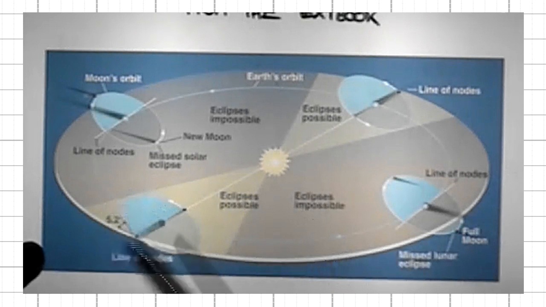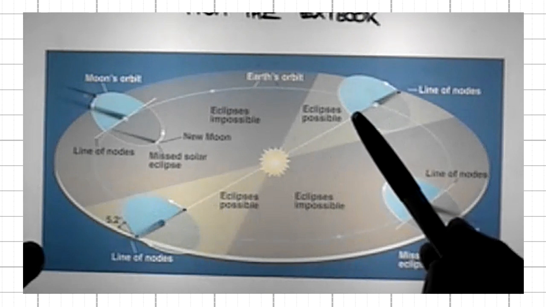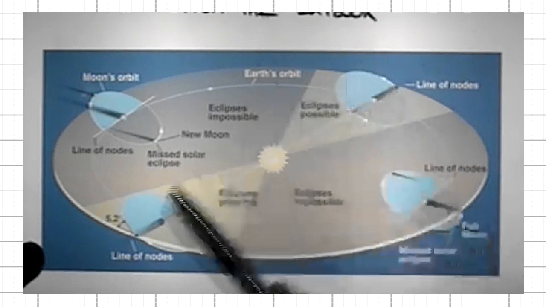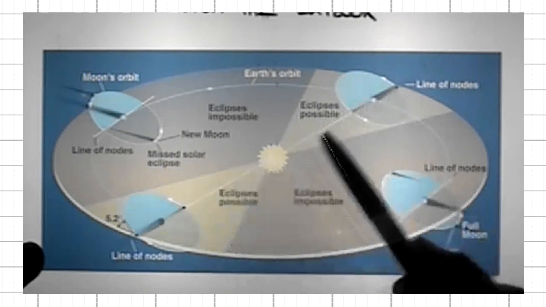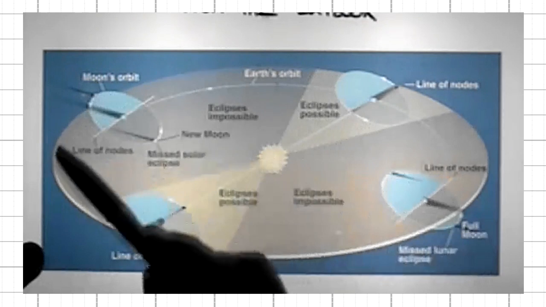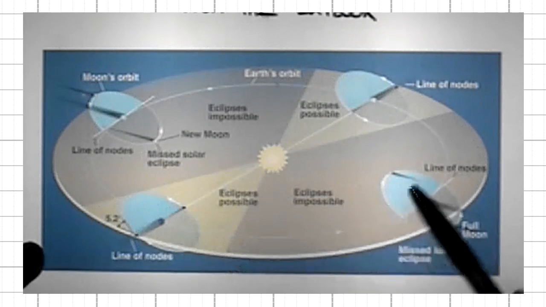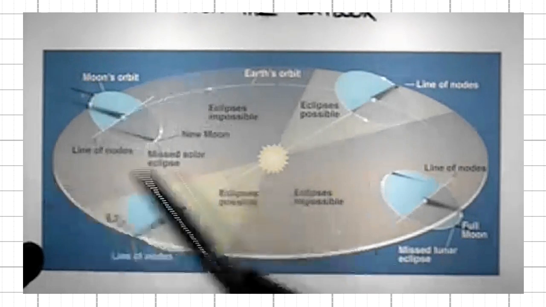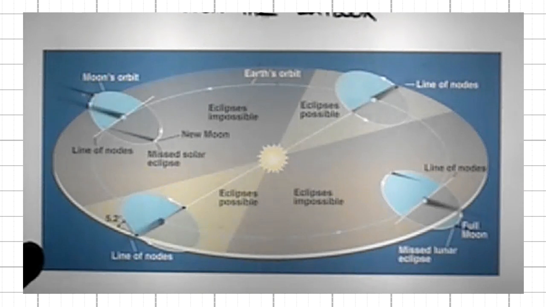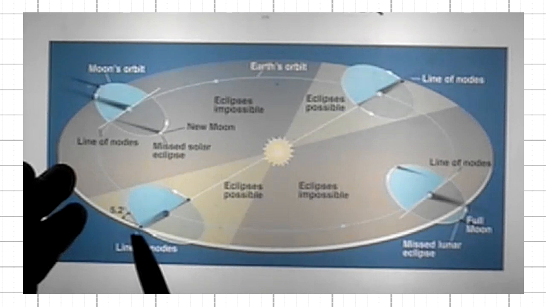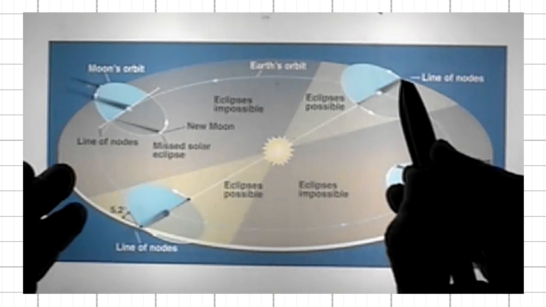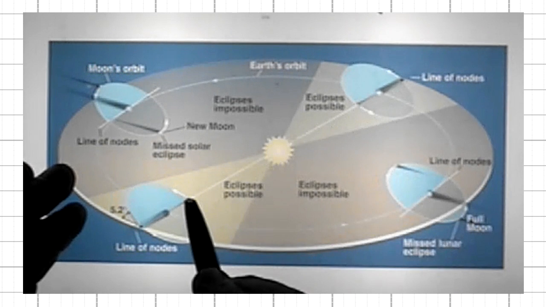Because in that case, the times when the line of nodes passes through the sun are only these 2. Only here and here the line of nodes passes through the sun. For the rest of the Earth's orbit around the sun, that's not the case. The line of nodes is not pointing towards the sun. So because of this near constancy in the orientation of the moon's orbital plane, generally there will be 2 lunar eclipses during the year and 2 solar eclipses during the year.